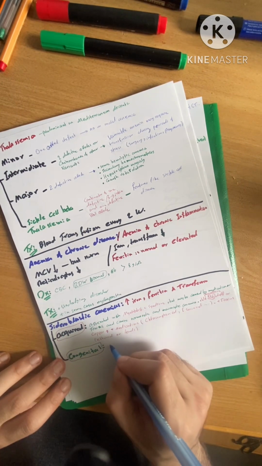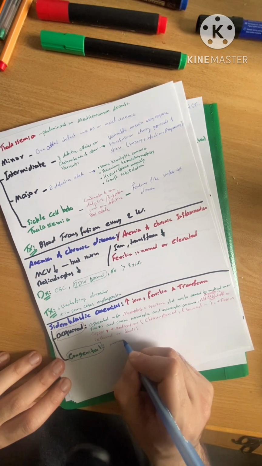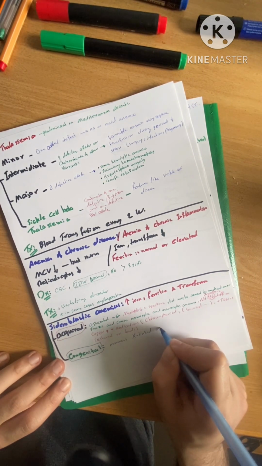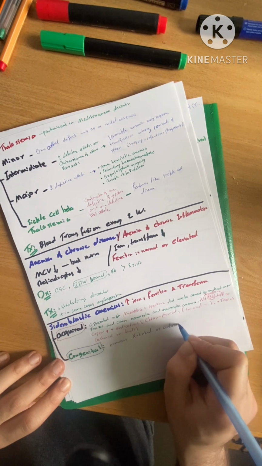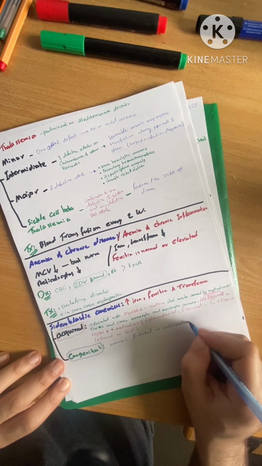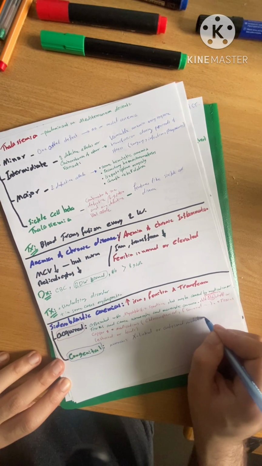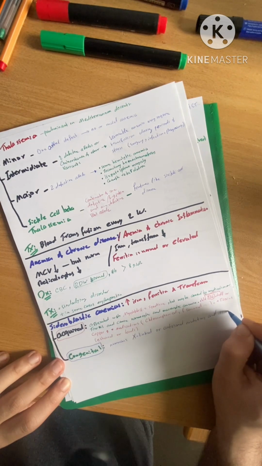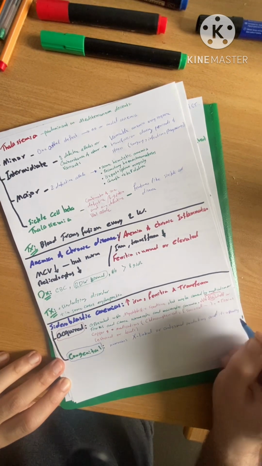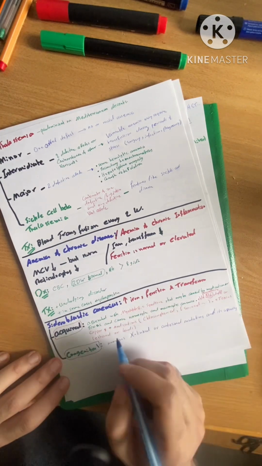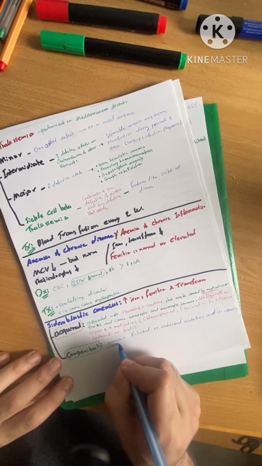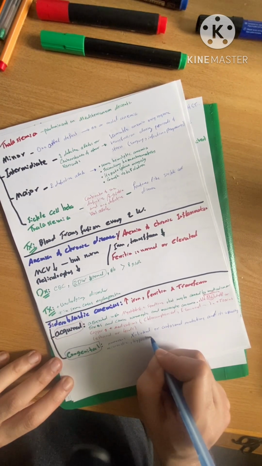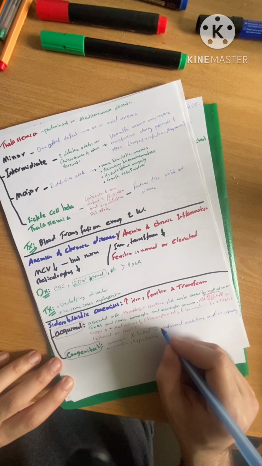Congenital is caused by numerous X-linked or autosomal mutations, and it is usually microcytic, of course, and hypochromic anemia.